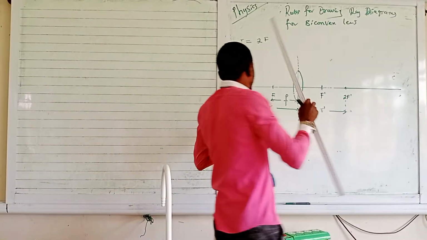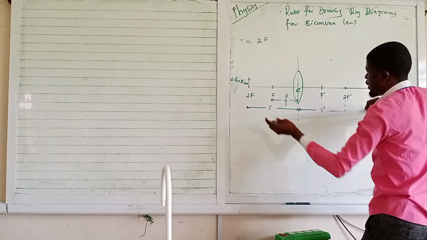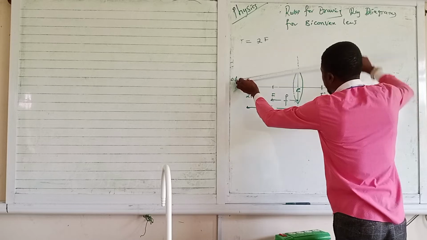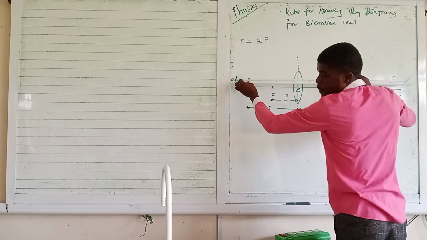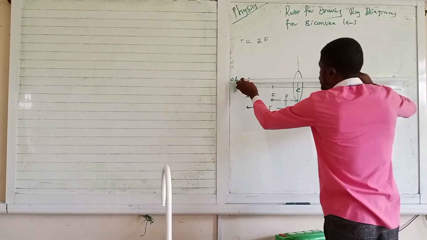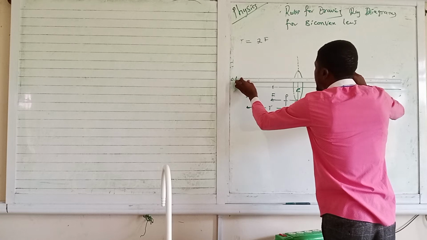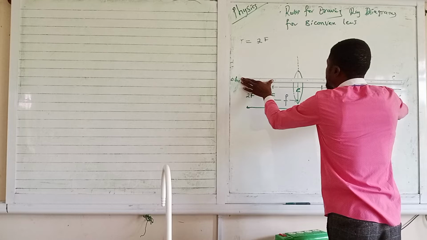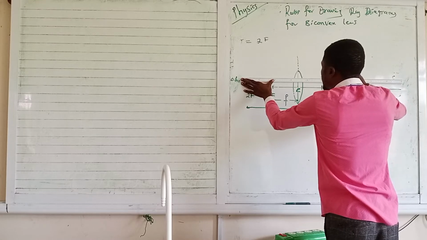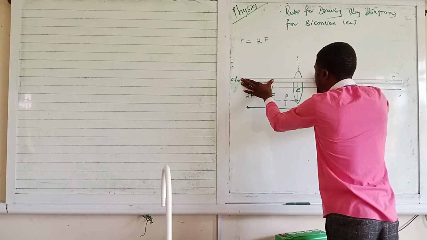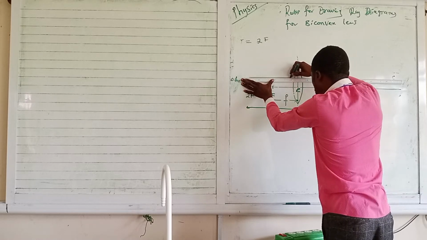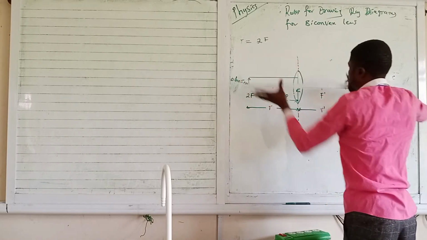So, rule number 1. Don't put it like this, make sure it is perfectly aligned. Rule number 1: a ray of light passing parallel to the principal axis.